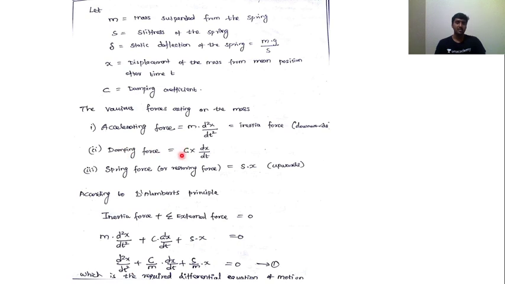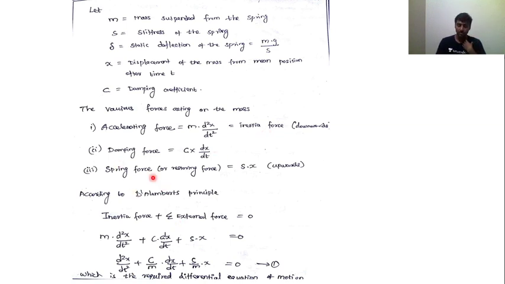The damping force is C into dx divided by dt; the damping force is defined as the damping coefficient into unit velocity. The spring force or restoring force is s into x. The applied force acts in the downward direction on the mass, while the restoring force acts opposite to it, in the upward direction, and is s into x.